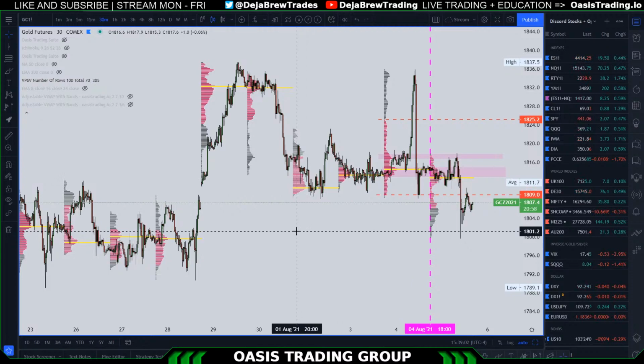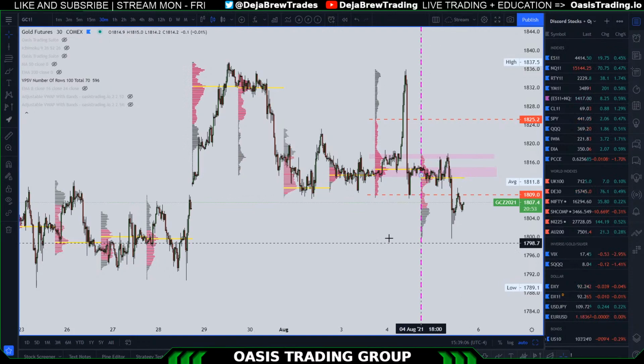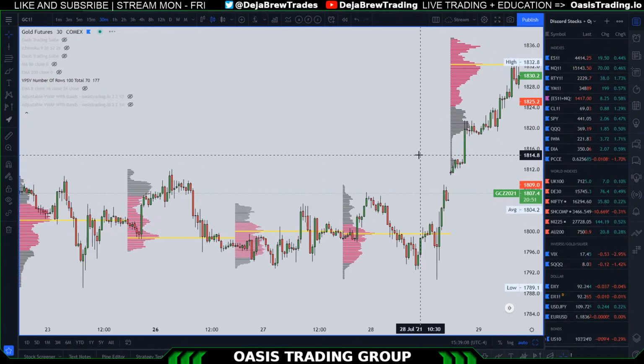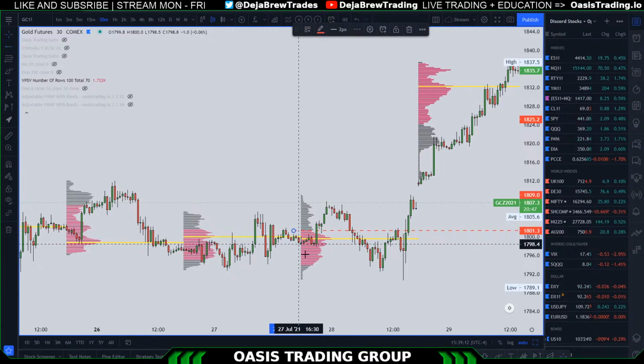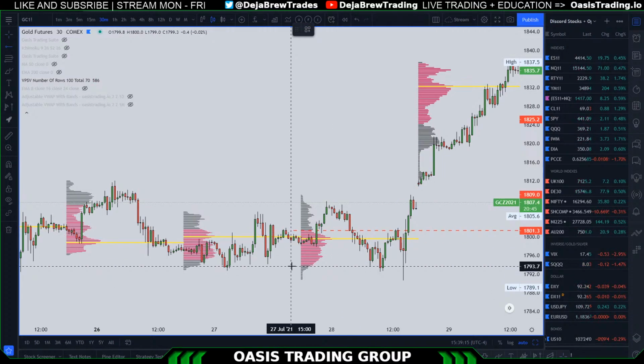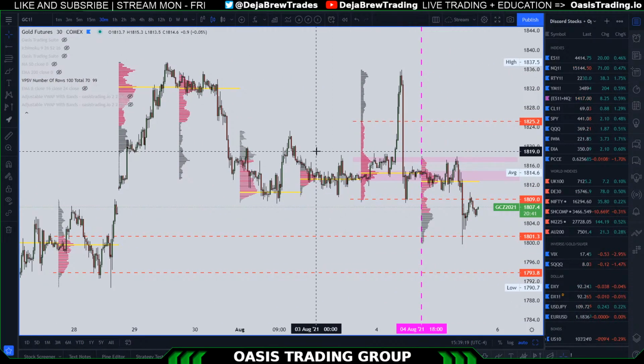Now if we go back even further, we can ask what we are bouncing off of. We can go all the way back to here and find the closest value area to where price is. This is a good point: somebody asked me how many days do you typically look back, how many days do you grab levels?